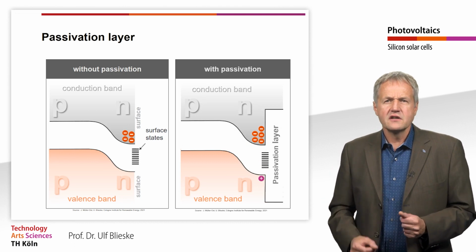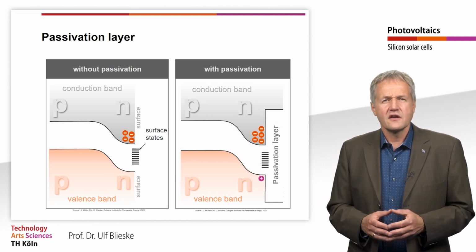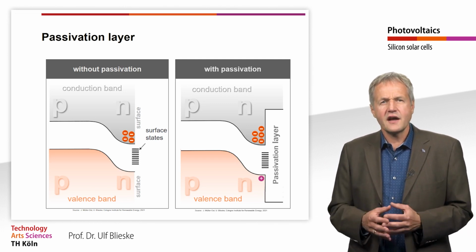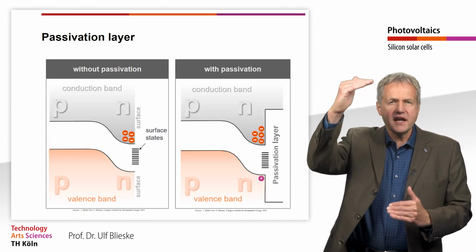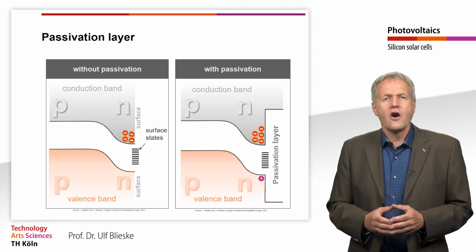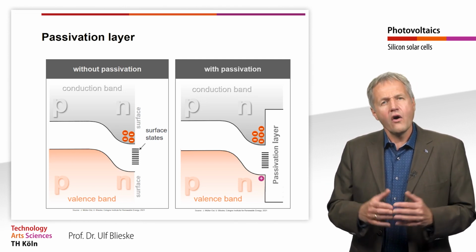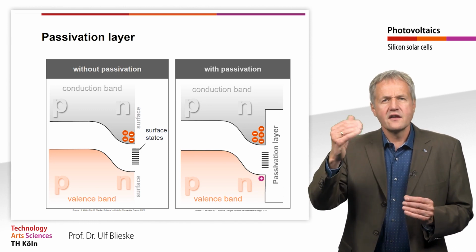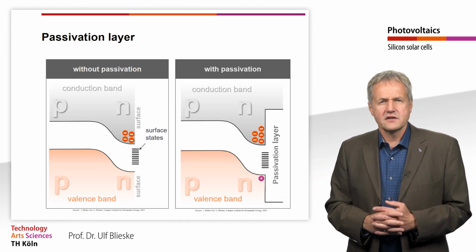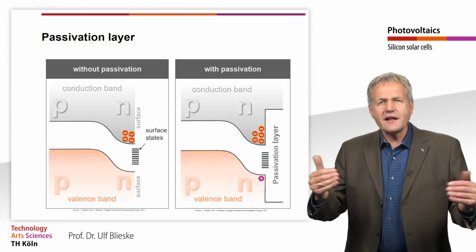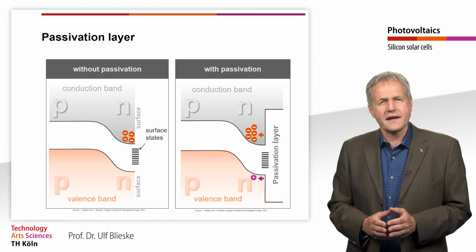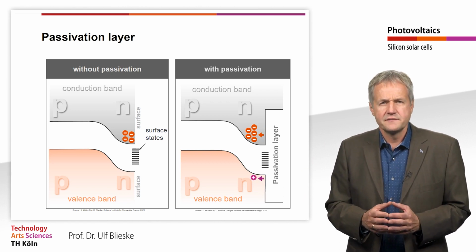With passivation, which consists of an insulator like silicon nitride or silicon dioxide, a high potential level is created on the back or on the front of the solar cell in both the valence and the conduction band. The resulting electric field drives both holes and electrons back into the silicon semiconductor.